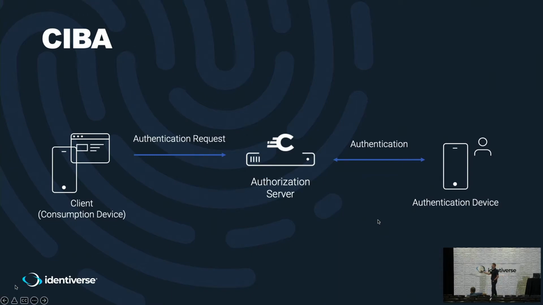It's not the user using the authentication device that's initiating the authentication at all, right? It's the authorization server. So when authentication happens there, the authorization server can issue a token to the actual client. So in this case, the right side is the banking customer, and the left side is the customer service agent, for example.